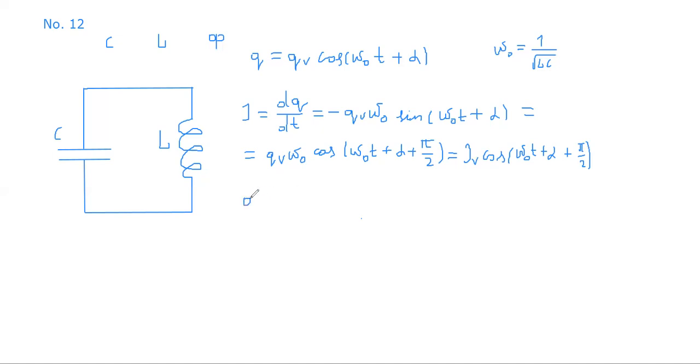So how can we connect flux linkage with current?